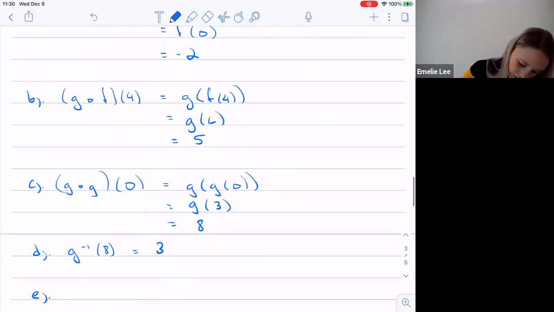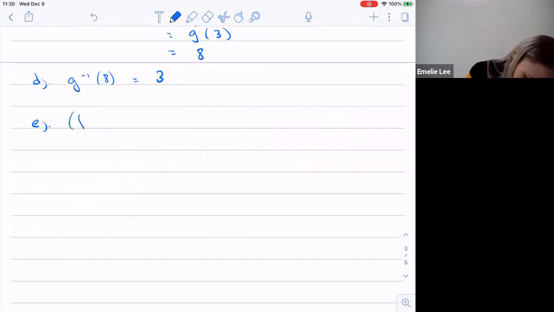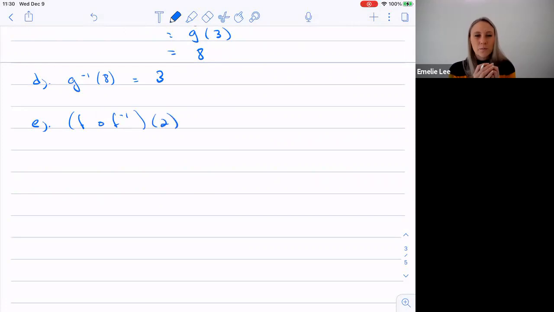E, f composed with the inverse of f of 2. We can tell from the function f that it is 1-to-1. Each input only gives one output, and each output only comes from one input.